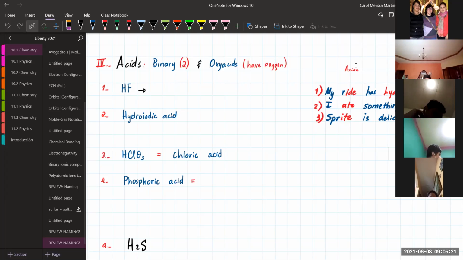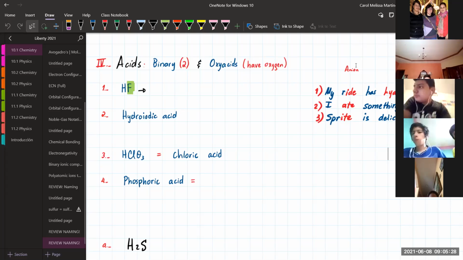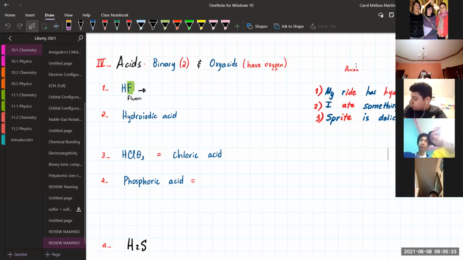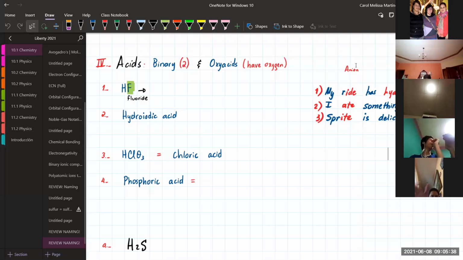So HF. The F tells me the name of the anion. The anion is fluoride anion from the element fluorine. So, because it ends in IDE, remember the mnemonics. I. My ride has hydraulics.